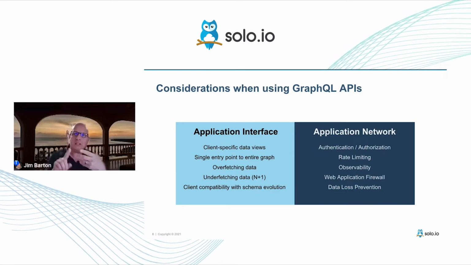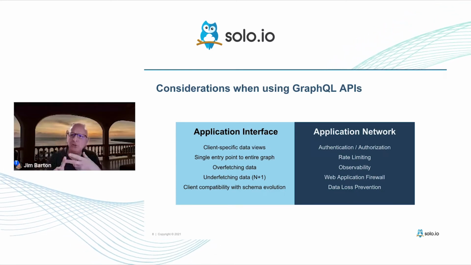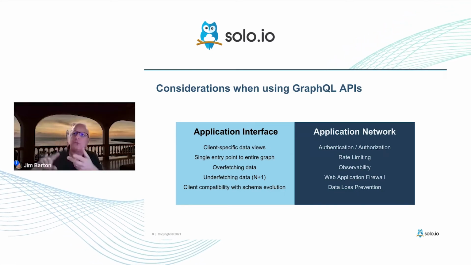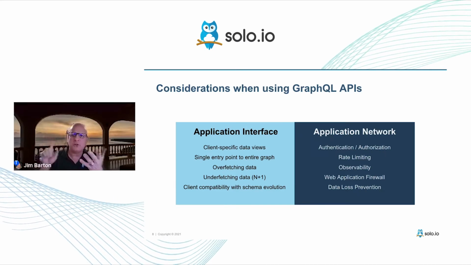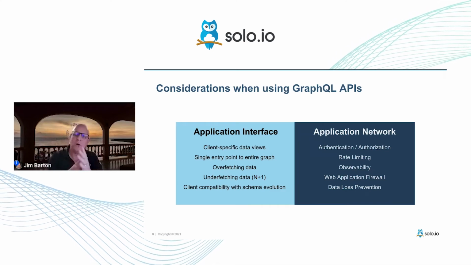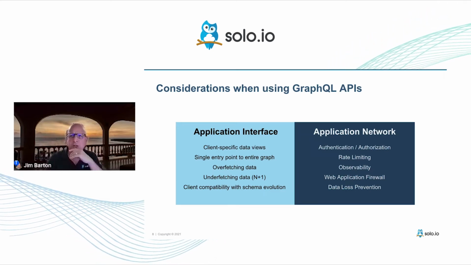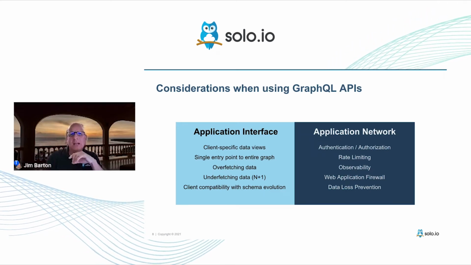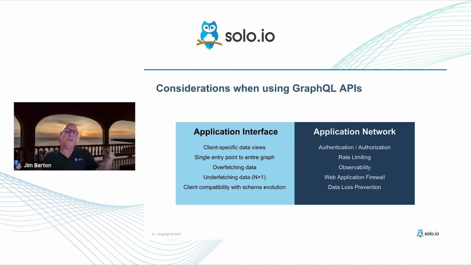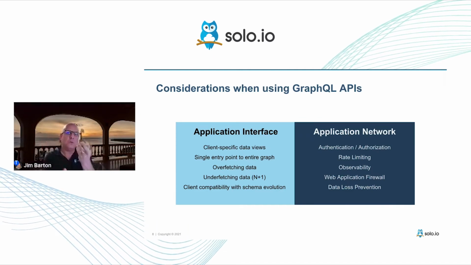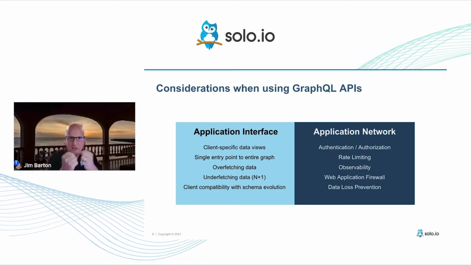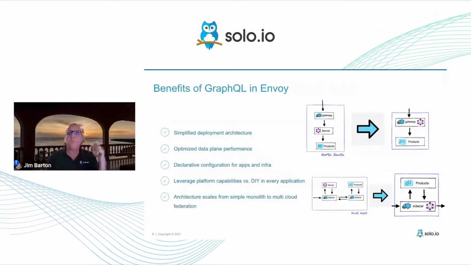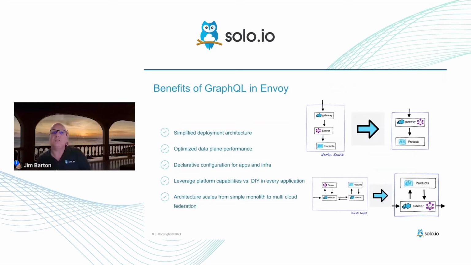And those are standard gateway concerns like authentication and authorization, rate limiting, observability, protection from malicious payloads with web application firewall, data loss prevention, and other things that we'll talk about. And so what if there were a way that we could put these two together? If we combined the goodness of GraphQL with the standard kinds of features you expect from an API gateway, what would you expect that to look like?